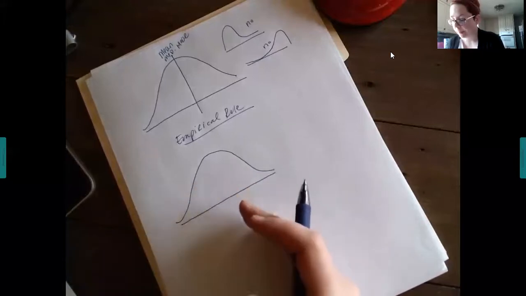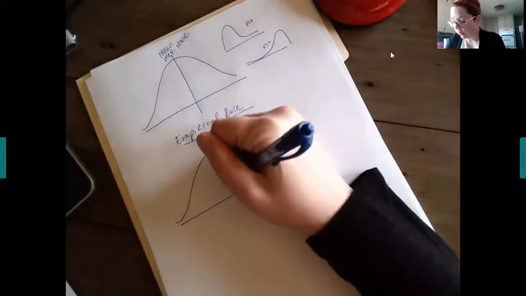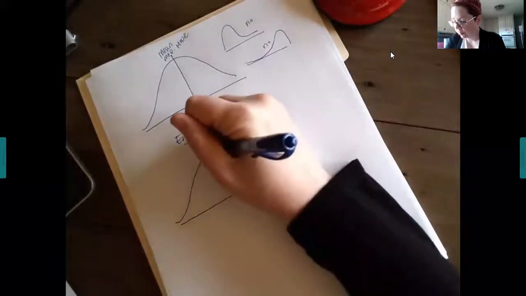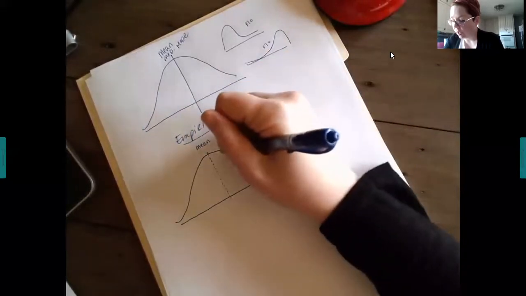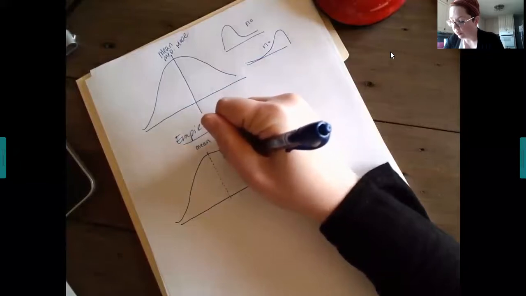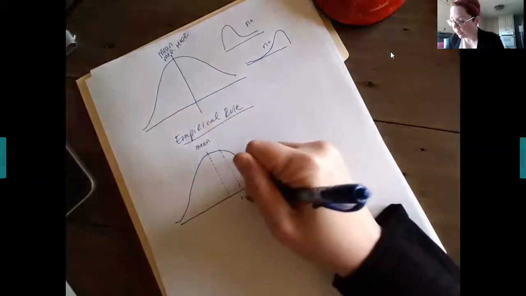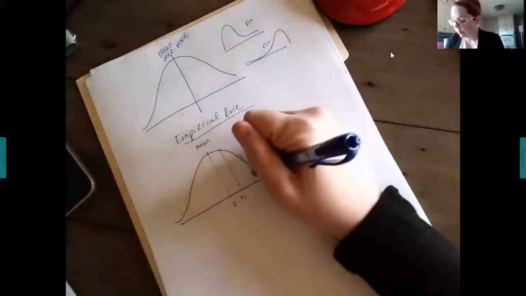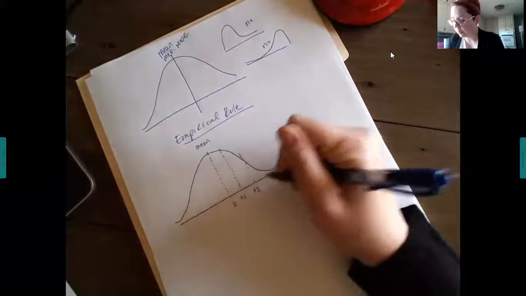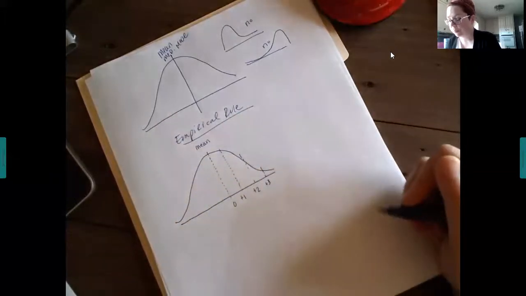set probabilities. Okay, so the mean always goes in the middle, and then we have our data by standard deviations. Okay, so this is one standard deviation above the mean, 2 standard deviations above the mean, and 3 standard deviations above the mean.